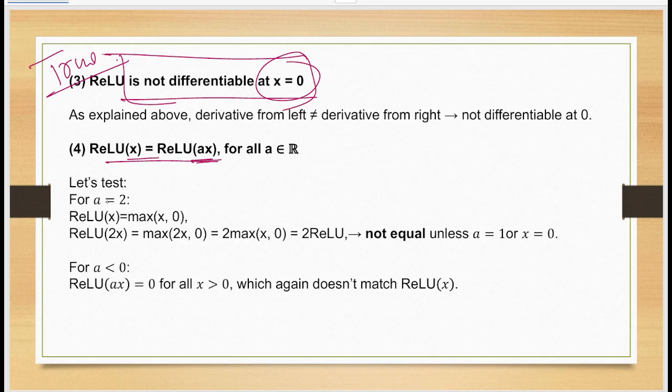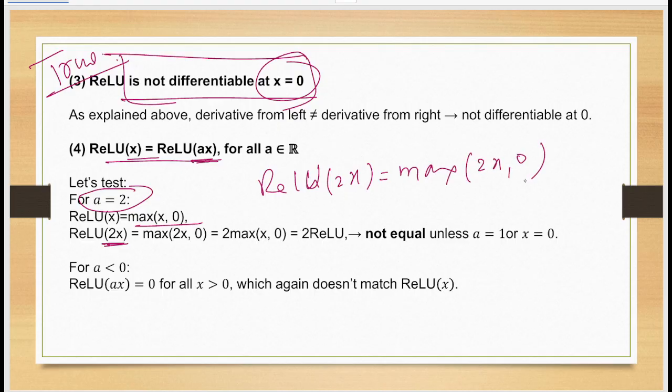But when we take a specific value, for example a equal to 2, we get ReLU of 2x, which is max of 2x comma 0.